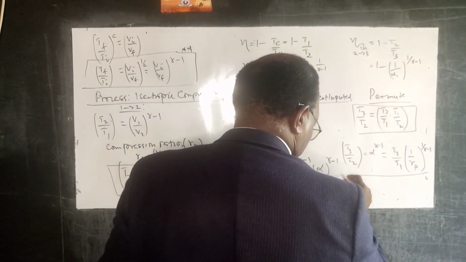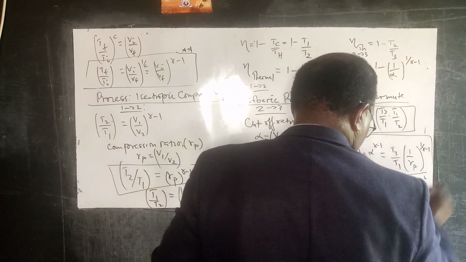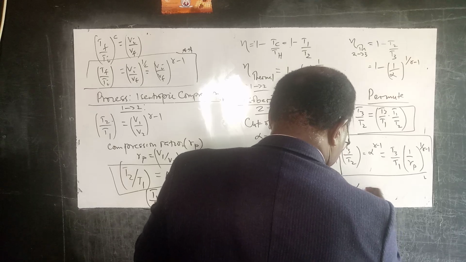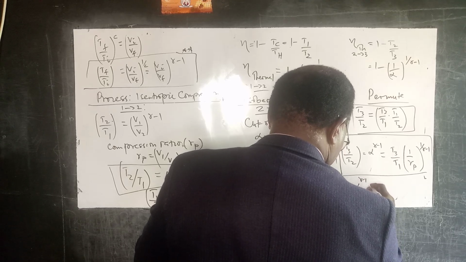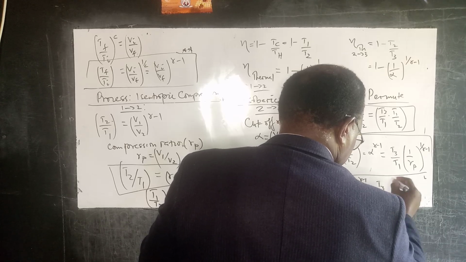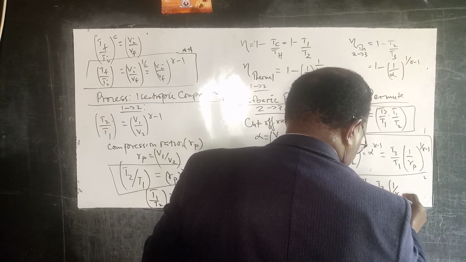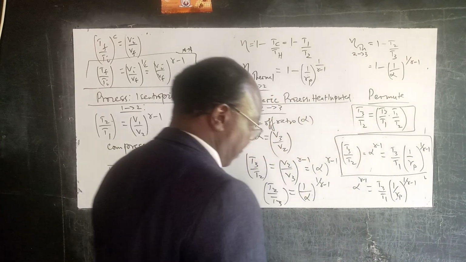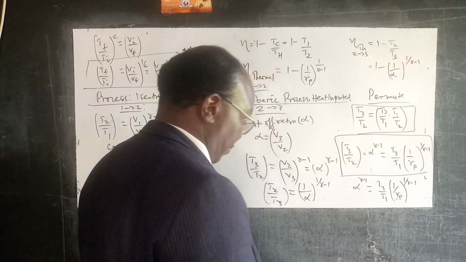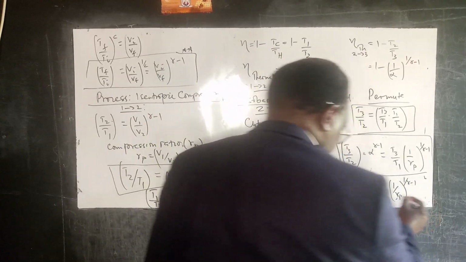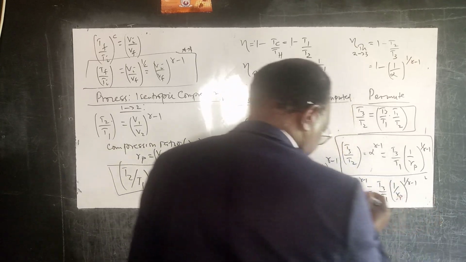So in this relationship here, we can quite easily isolate and say that alpha to the power gamma minus 1 is equal to T3 over T1 into 1 over the compression ratio to the power gamma minus 1. So these quantities are related.